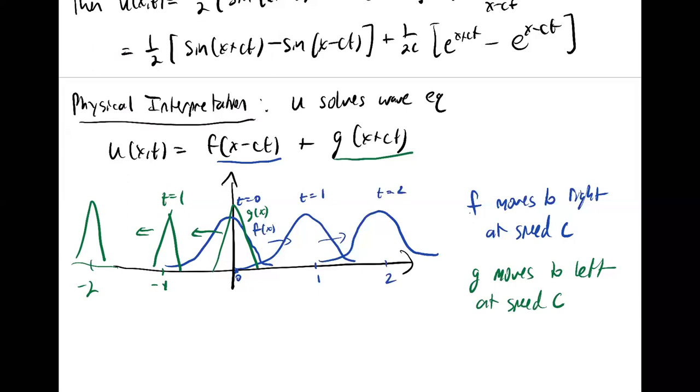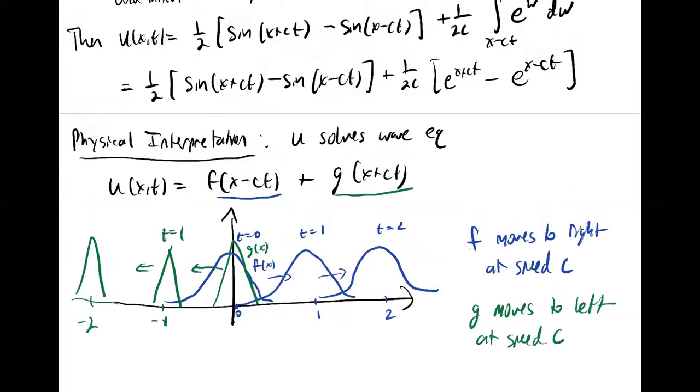And so the picture I have here is not the graph of u, because these waves are going to combine in complicated ways, but it at least shows how the components of u behave, and then the full solution is given by adding these components together. So there's always one wave that's moving to the left at speed c and one wave that's moving to the right at speed c that get added together. Maybe they interact in bizarre ways and they're no longer moving to the left or the right, but this is the basic structure.